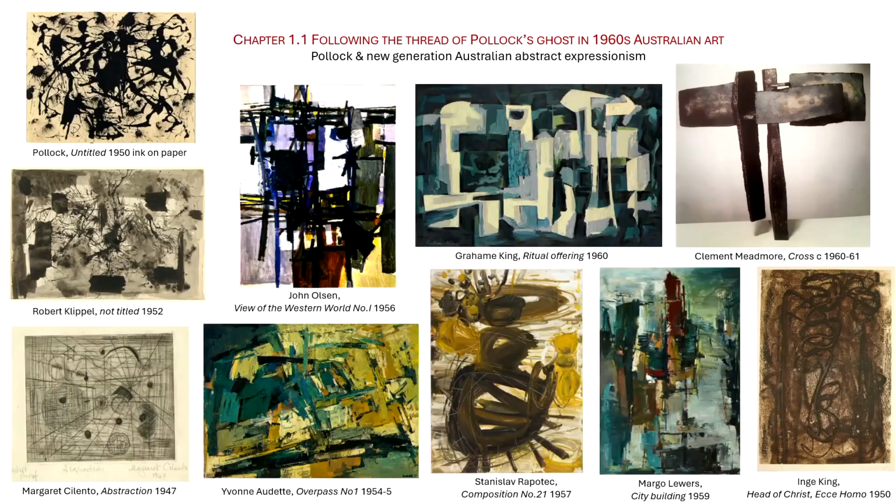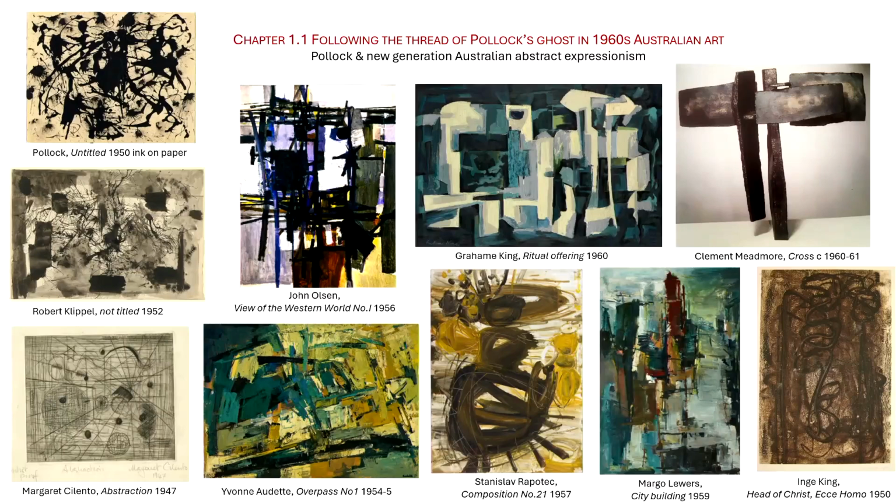Robert Klippel is actually in Paris hanging out with an American abstract expressionist. Margaret Salento's studying under Barnett Newman, another abstract expressionist. Yvonne Audette is over there by, I think, about 52, 53. And Inga King is there for six months in the 1950s. Clement Meadmore goes to New York.